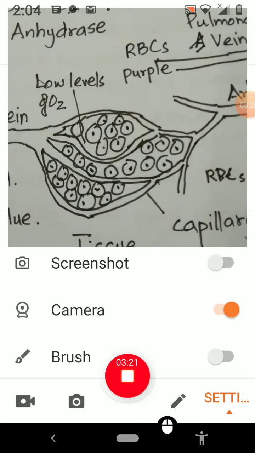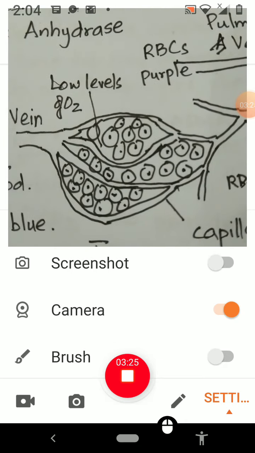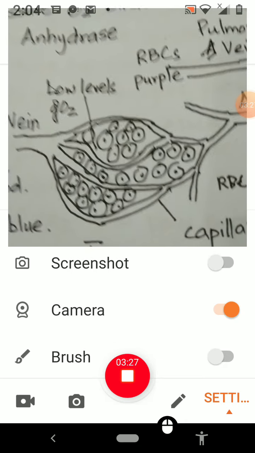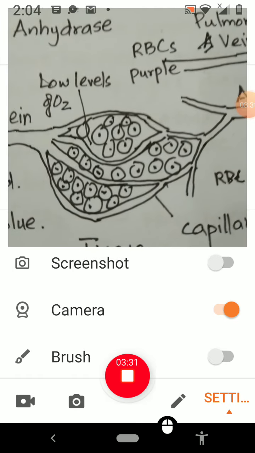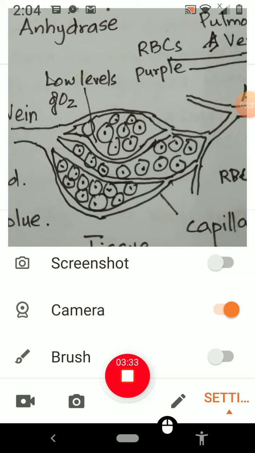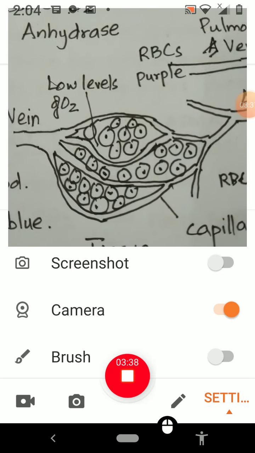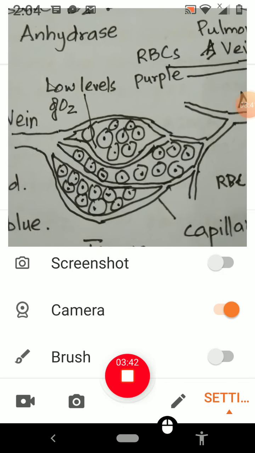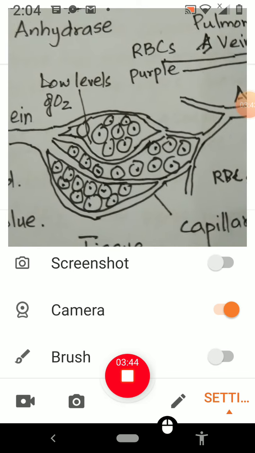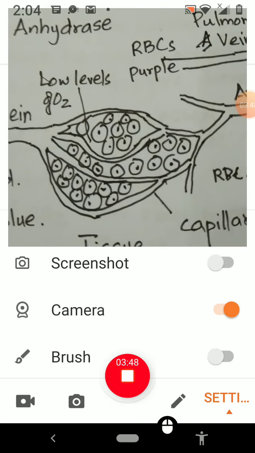Again, the arteries divide into a capillary bed in the tissue region. The tissues have used up all the oxygen, so the partial pressure of oxygen at tissue level is low. The incoming RBCs carrying oxyhemoglobin, under low partial pressure of oxygen, readily dissociate into oxygen and hemoglobin.